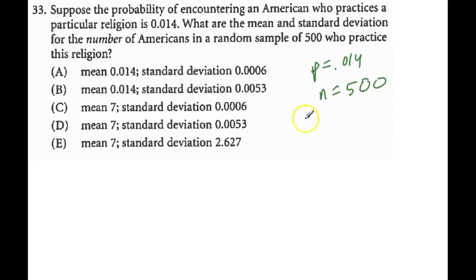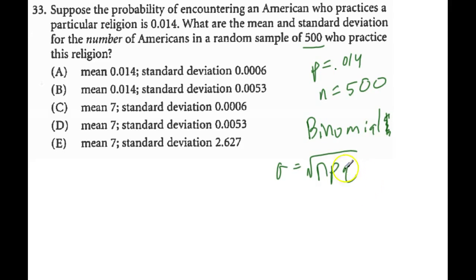So when you have yes-no questions, you've got to be thinking binomial here. There's a set number of trials here. Binomial, set number of trials of 500, so it's not geometric. So the formula for standard deviation for binomial is the square root of NPQ, if you remember that.